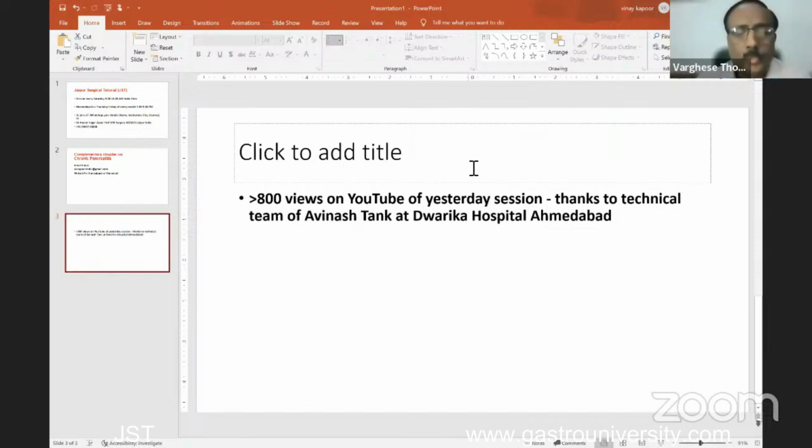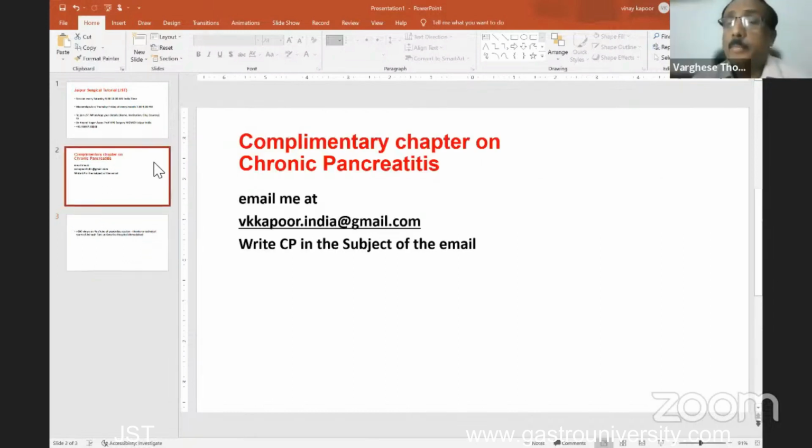Do we have any longitudinal studies which have shown that by giving antioxidants, we are able to prevent the further progression of recurrent acute pancreatitis to chronic pancreatitis? That's a wonderful question. We have several patients on antioxidants with recurrent acute pancreatitis.